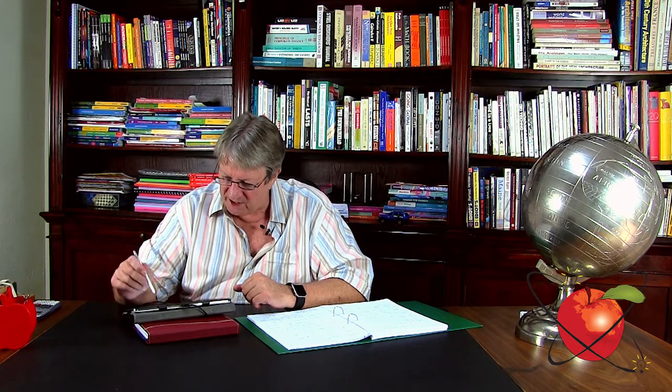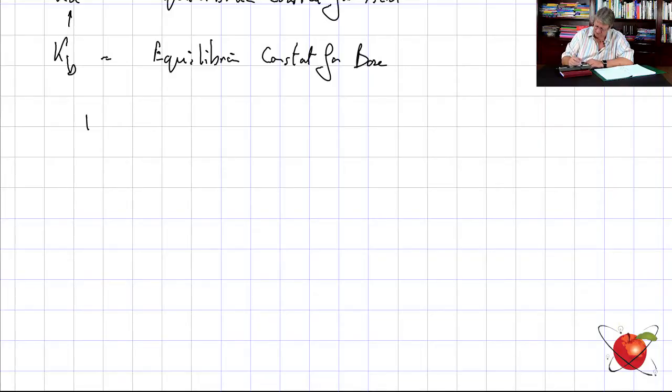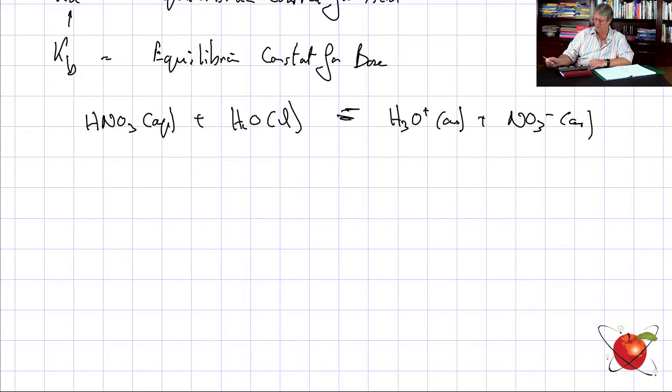Now, let us look at an acid, HNO3. Let me put the phases in now, I've been a bit lax. HNO3 aqueous plus H2O liquid, in an equilibrium reaction, goes to H3O plus aqueous plus NO3 minus aqueous.